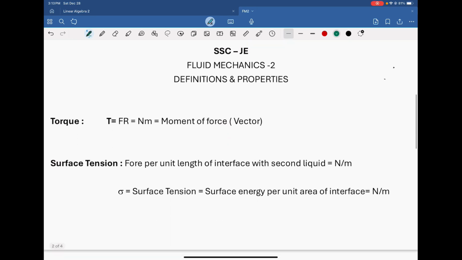Now let's move on to the main fluid mechanics definitions. We'll go to surface tension. What is surface tension?